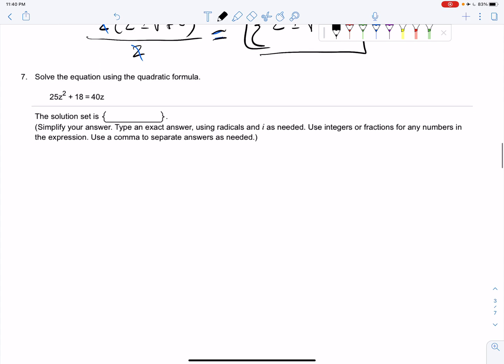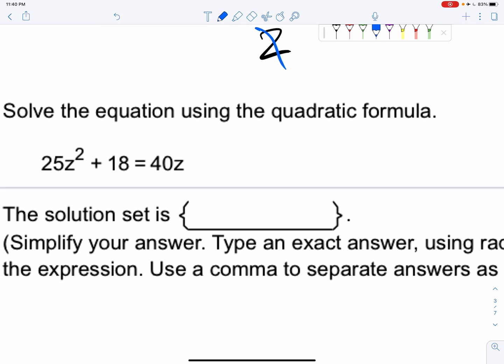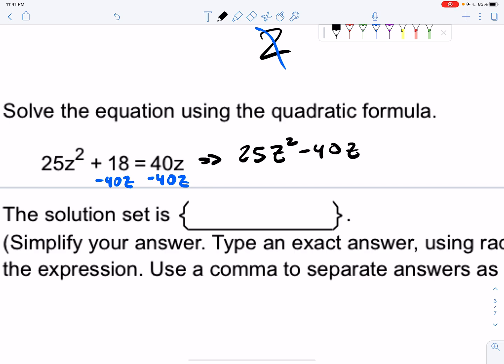Now solve the quadratic equation by using the quadratic formula. You have to make sure it's in the proper form, right? So in order to do that, we're going to have to subtract 40z on both sides. If I zoom in and use a different color, and I subtract 40z on both sides, the new thing I have is 25z squared minus 40z plus 18 equals 0.